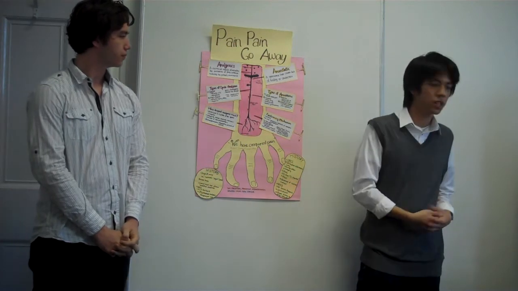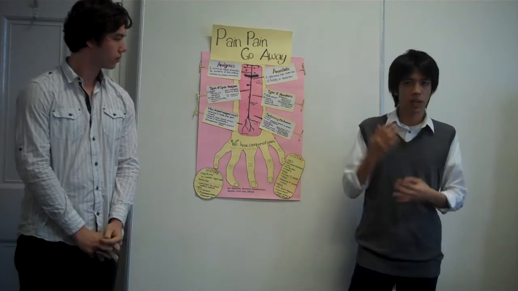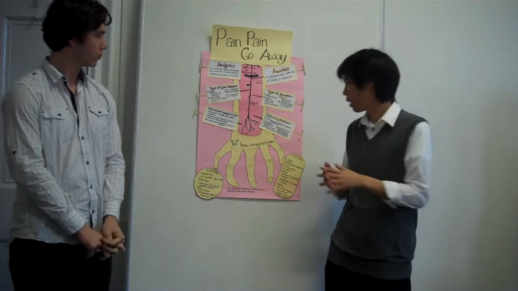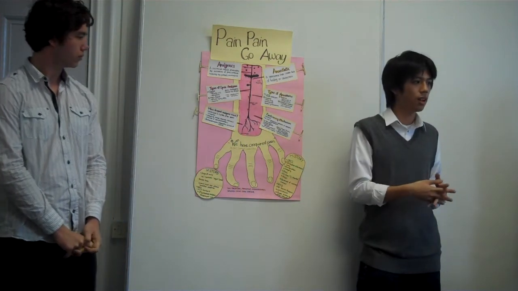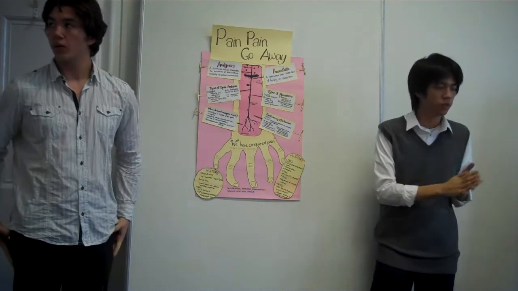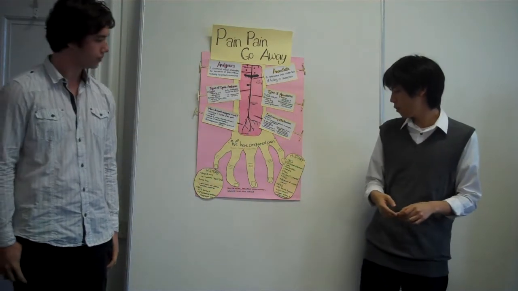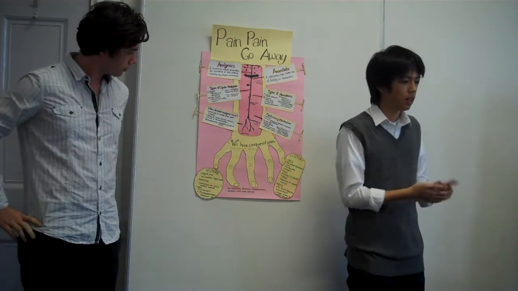Now that you have a general understanding of the types of anesthesia and one of its functions, I would like to give a brief history of anesthesia. Anesthesia was first used in 1842 by Dr. Crawford Williamson Long.